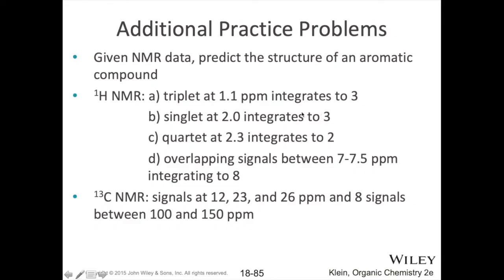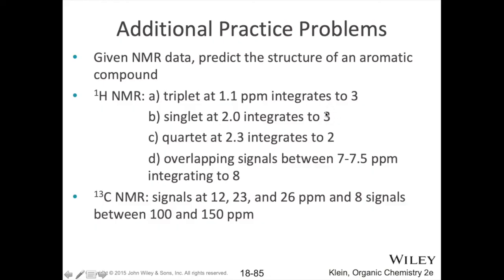We have a singlet over here that integrates to 3. That's more indicative of your isolated methyl group. And here we have a quartet, and that has 2 hydrogens. So it's probably a methylene group of some sort that's being split by that triplet.